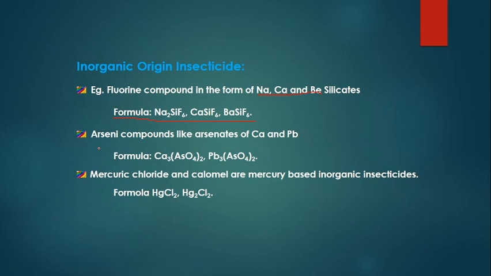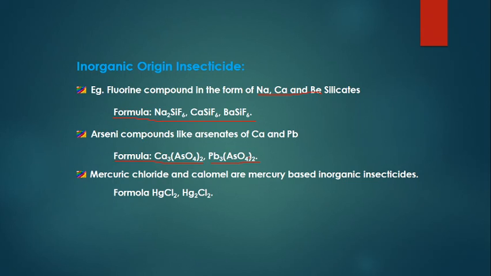Now arsenic compounds like arsenates of calcium and lead. These arsenates have the formulas Ca3(AsO4)2 and Pb3(AsO4)2. This is calcium arsenate and this is lead arsenate.